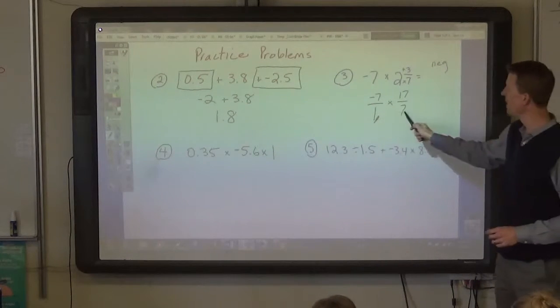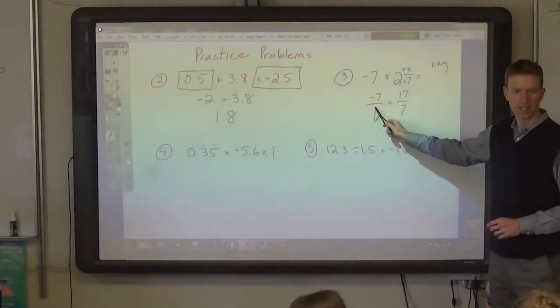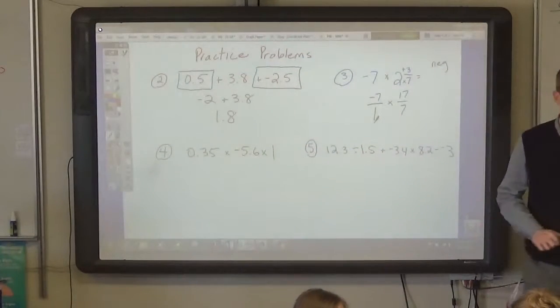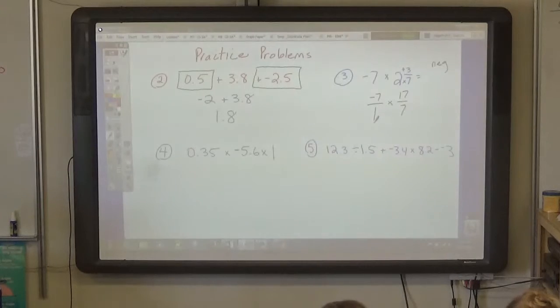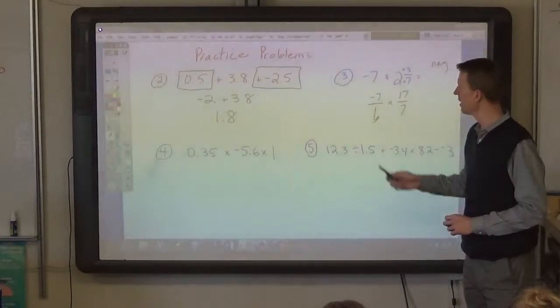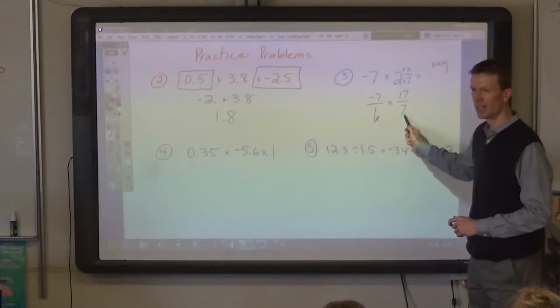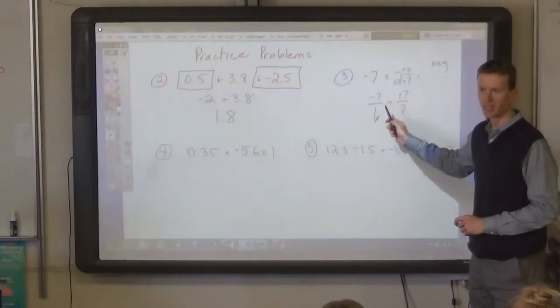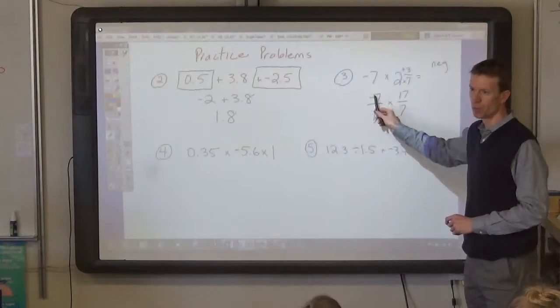Now, we can reduce this. -7 and 7 can be reduced. -7 divided by 7. This is actually the reciprocal property.